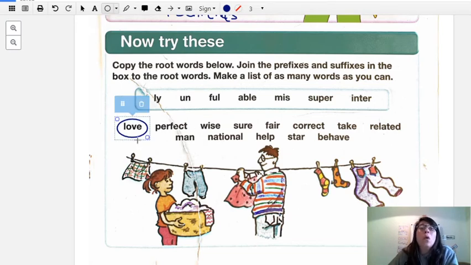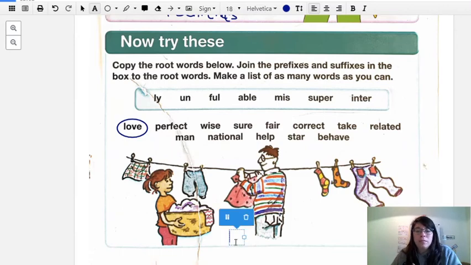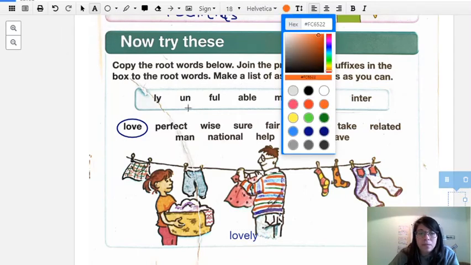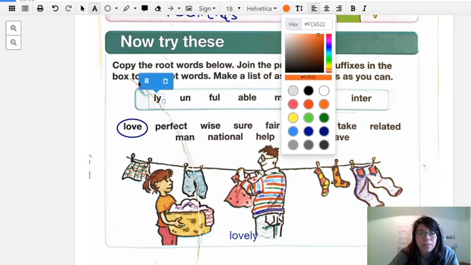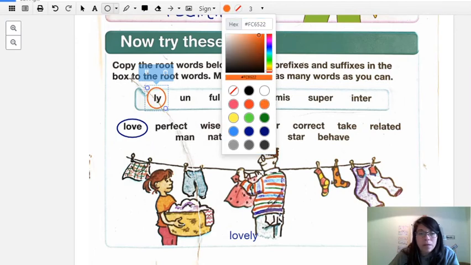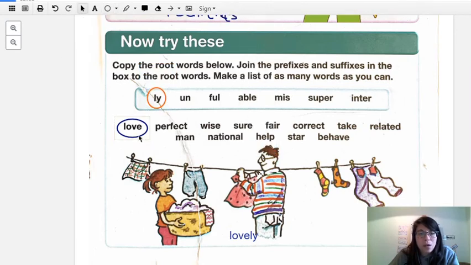I can transform the word love and create lovely by using the suffix ly. Okay? You see it there? So I combine these two to create the word lovely.